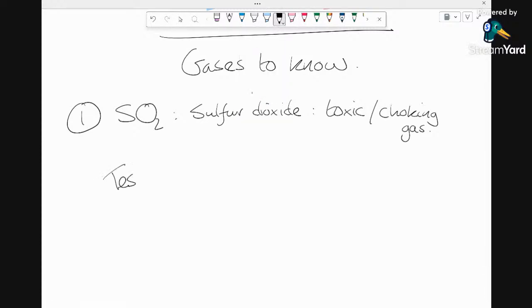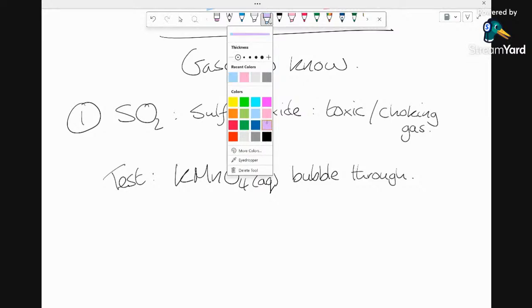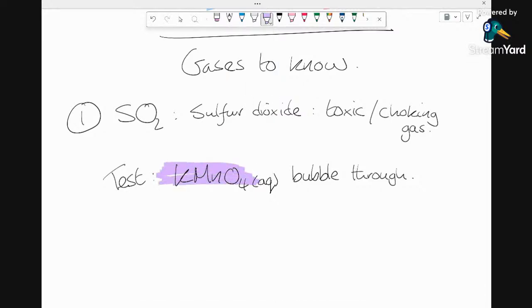So the test for this gas is potassium permanganate aqueous. We've seen this before in our organic. Don't forget, bubble through. Bubble through potassium permanganate aqueous. Now, potassium permanganate is a beautiful purple. We know this one. Oh, by the way, it needs to be acidified as well.